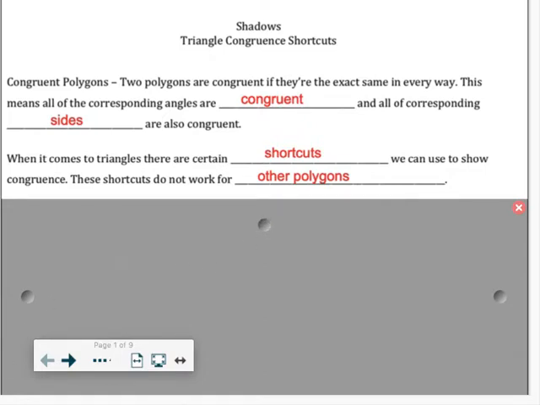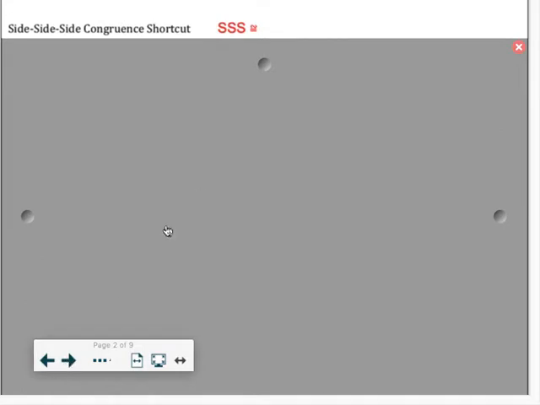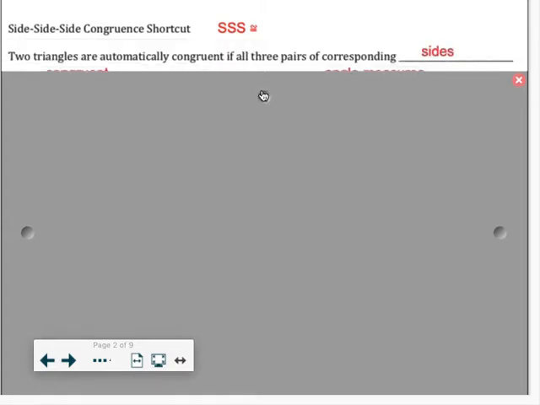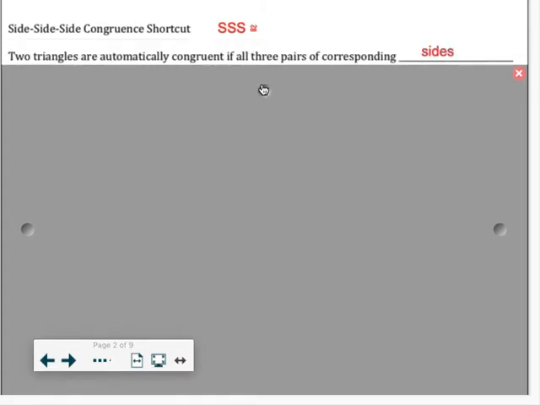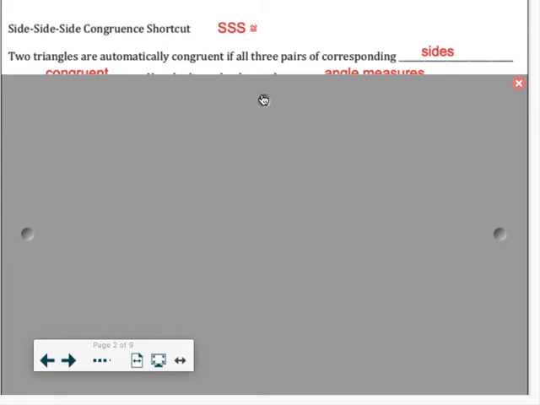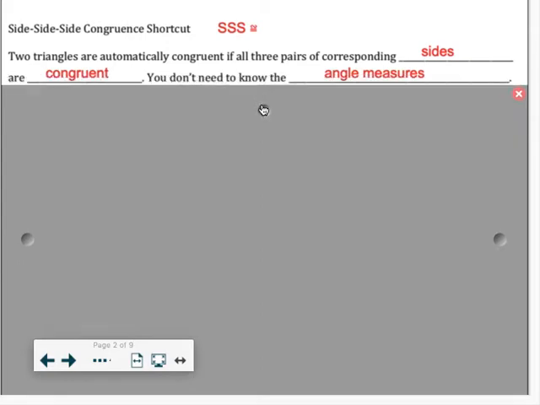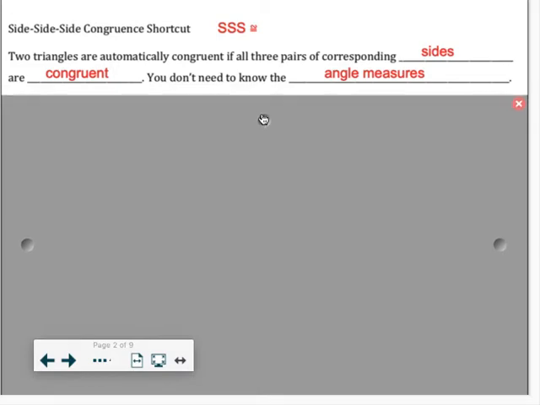The first shortcut we found was side, side, side, and we can abbreviate that SSS congruent. The definition of this shortcut is two triangles are automatically congruent if all three pairs of corresponding sides are congruent. You do not have to know the angle measures.